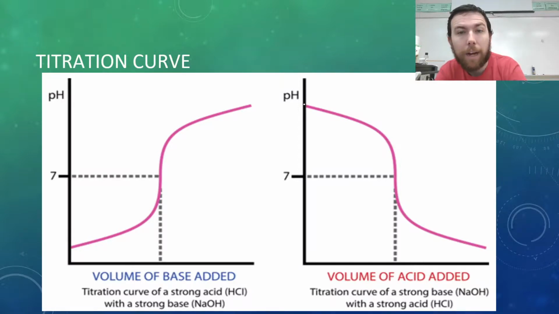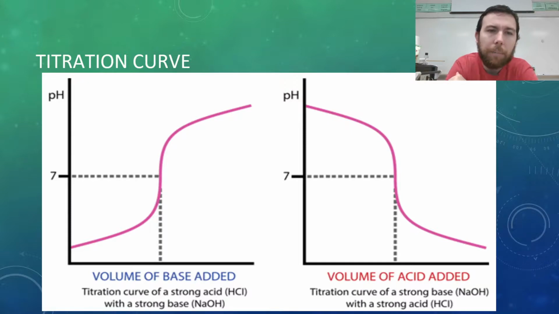So it starts off with a high pH, and as acid is being added, we see that decrease in pH, and then we get that sharp dip. Again, we've neutralized it. We're at 7, so that's when the reaction is neutralized. And then as excess acid is being added, we have a lower and lower pH that's taking place.